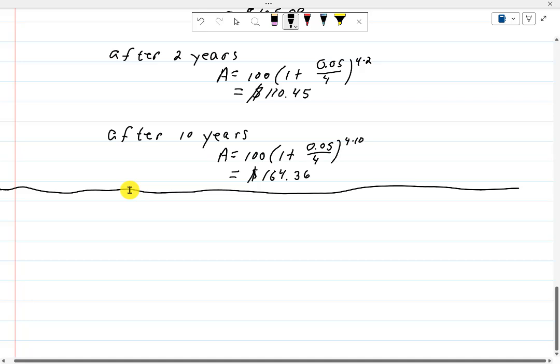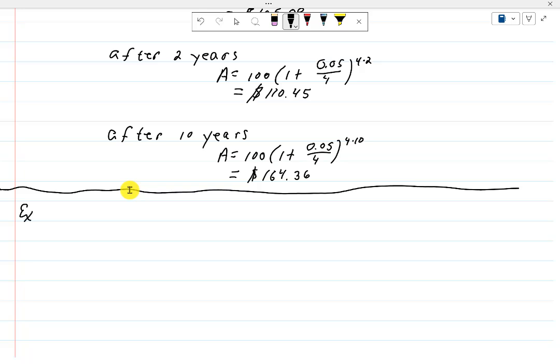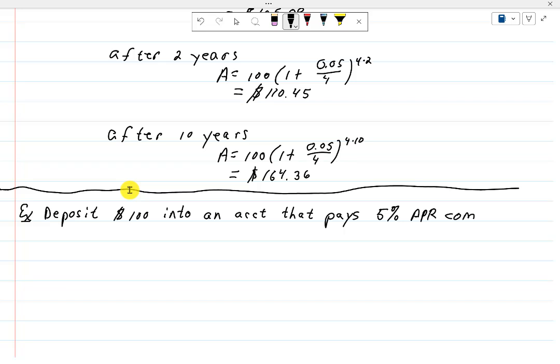There are two other compounding schemes that are most popular, and that's monthly and daily. So let me just redo this example with both monthly and daily. So we're going to deposit $100 into an account that pays 5% APR compounded monthly.